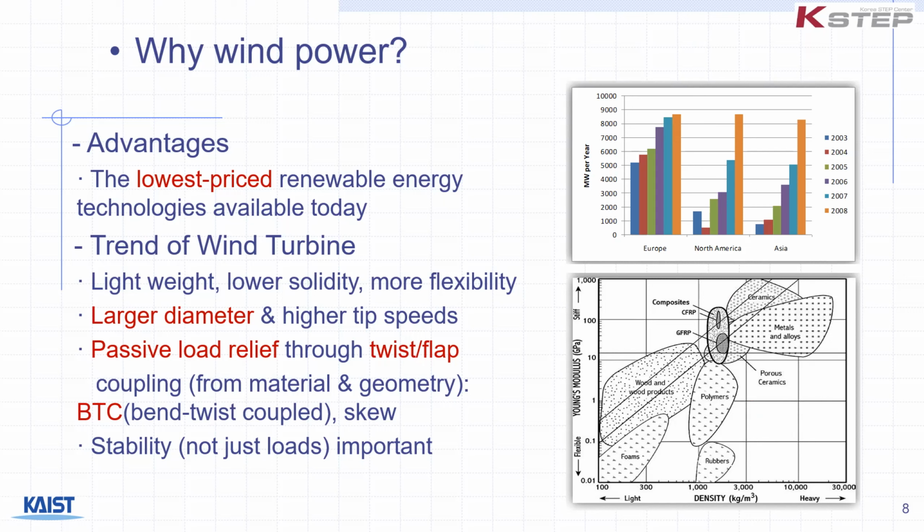There are metal, ceramic, polymer, wood, and foams and rubbers. But in the middle, there is a dark area. So we see that there is a material that can be used for the wind power system blade. FRP is the main material for wind blade manufacturing.